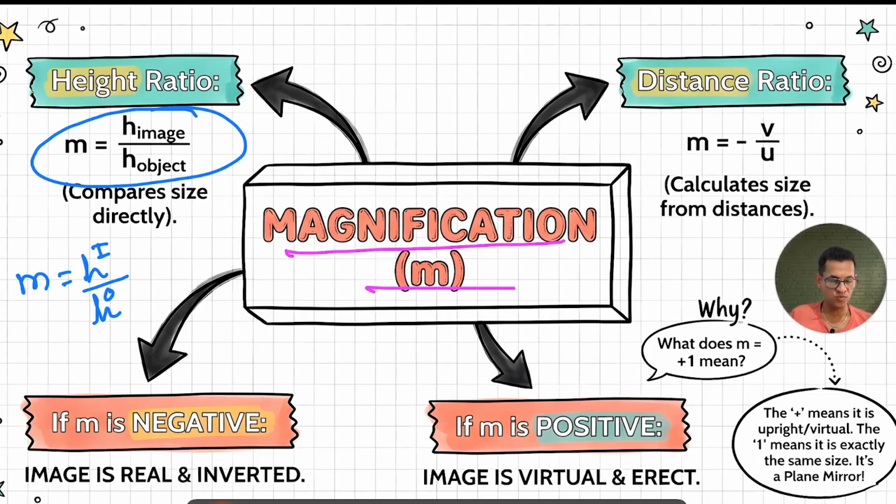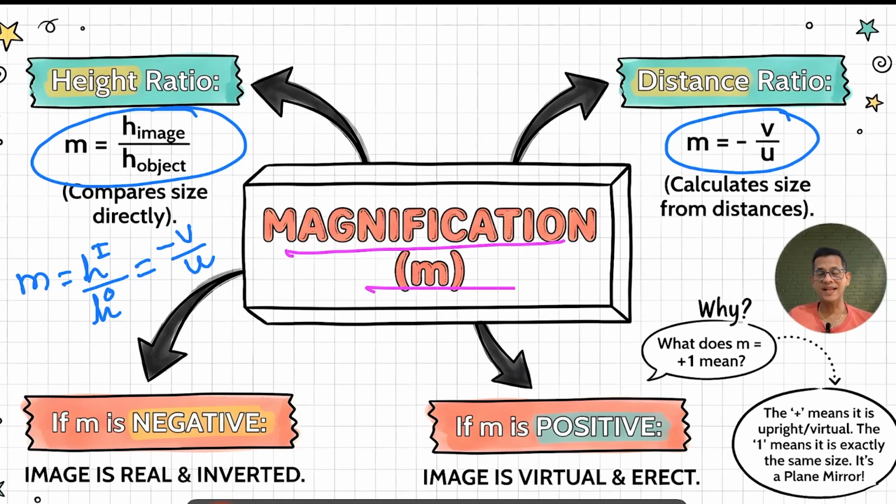Since it is a ratio, it will only have a value and a sign depending on the nature of the image. Magnification is also given by negative V upon U. So we can also continue this formula as minus V upon U, which is the negative value of image distance upon object distance.